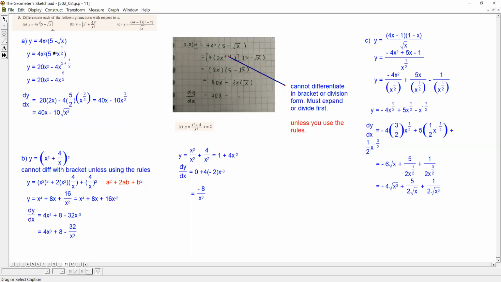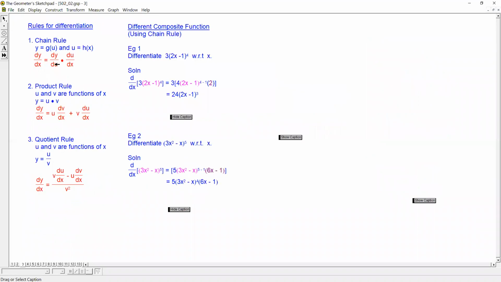Right, we have to differentiate this. You can see the bracket there. With the bracket there, you cannot differentiate term by term like you have done here, Li Ying. You have to remove the bracket. If you don't remove the bracket, can you differentiate? Can, unless you have learned the chain rule, product rule and quotient rule.